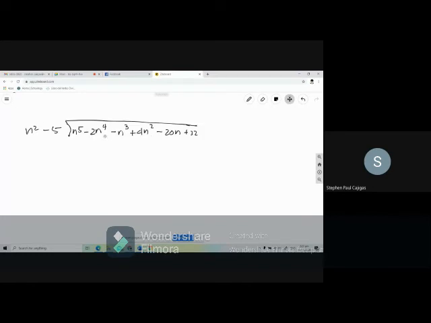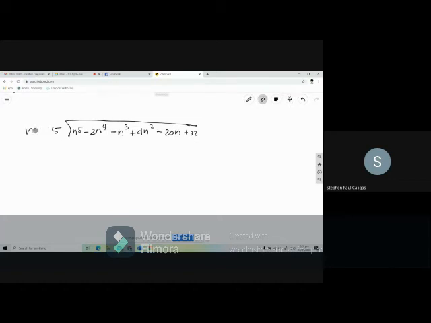So in this dividend, we are complete. We see power 5, power 4, power 3, power 2, power 1, power 0. But in this divisor, we have power 2, we do not have power 1. So what we will do is fill in the power 1.